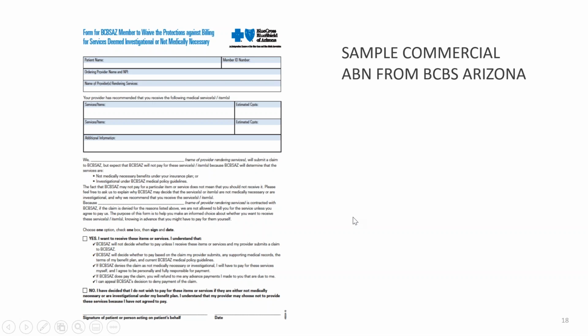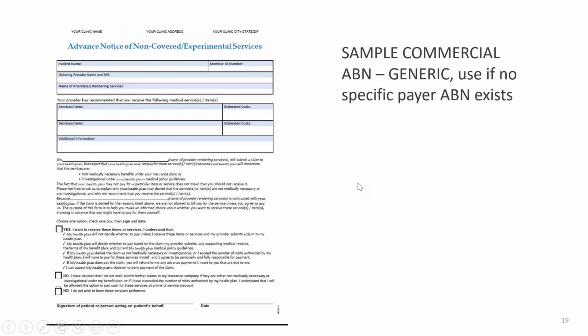And you could call the insurance company directly and ask them if they have such a form, and they could help you find one as well if you can't find one. This is a generic one that I actually took from the Blue Cross Blue Shield of Arizona form and reconfigured so that it is generic.